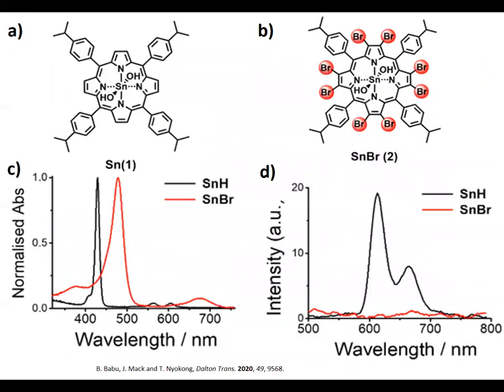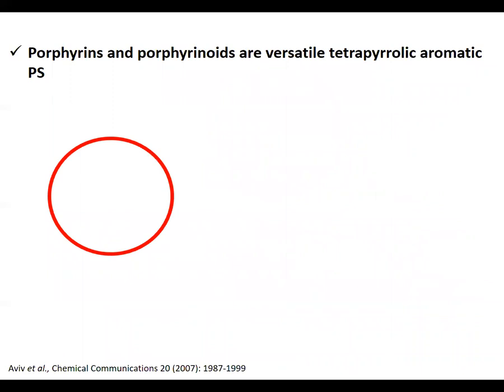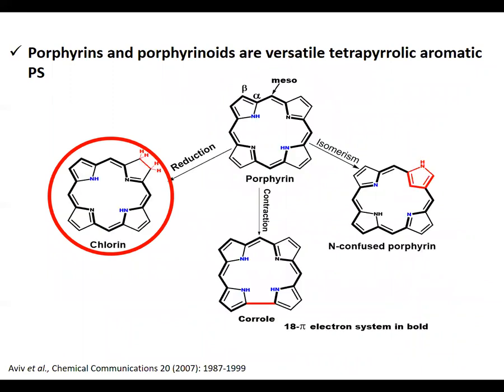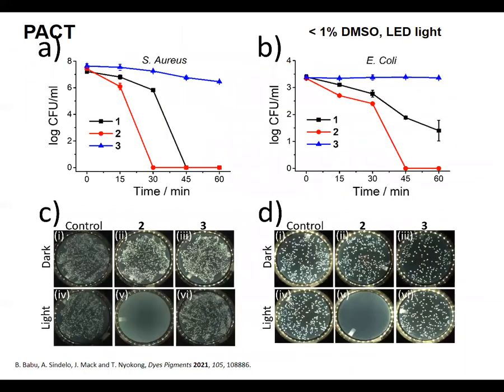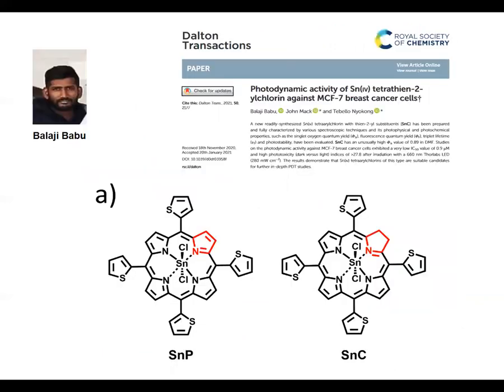We've also looked at bromination of porphyrins as a way to redshift the spectral band and enhance its photosensitizer properties. We've looked at chlorins, where you've got a reduced peripheral pyrrole bond in a similar manner to chlorophyll, and we obtained a redshift to around 660 nanometers, a more intense absorption band, and favorable results not just for PDT, but also for antibacterial studies that's referred to as PACT.